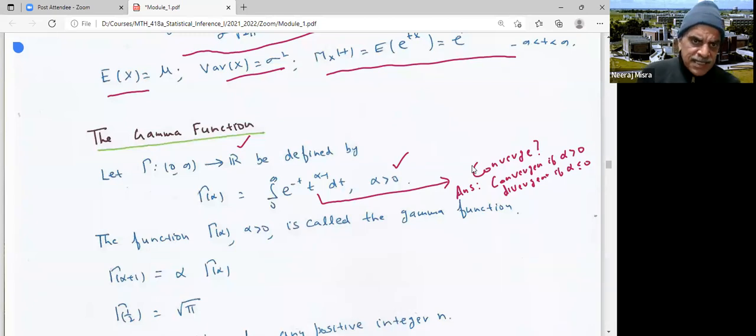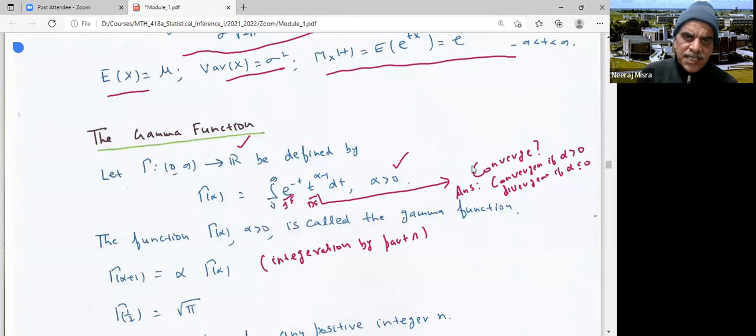Now one can immediately see through integration by parts that gamma of alpha plus 1 is the same as alpha times gamma alpha. How do you do it? You take t to the power alpha minus 1 as the differentiating factor, and e to the power minus t as the integrating factor.